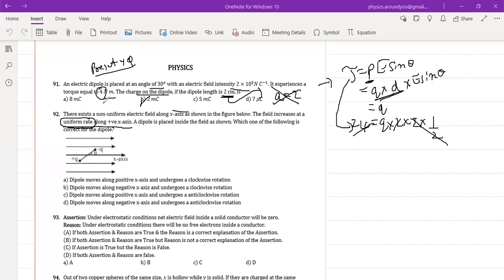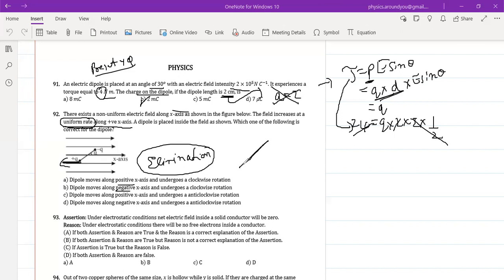So how do you see whether it will move towards positive or negative? You can use the elimination strategy here quite well, because if you can eliminate two, nothing like it. First of all, would it undergo a clockwise rotation or anti-clockwise rotation? Of course, clockwise.